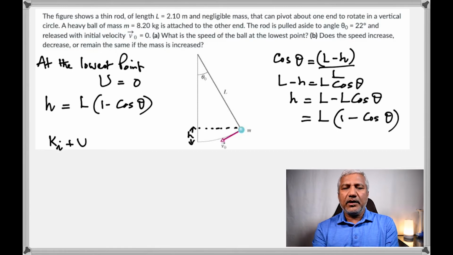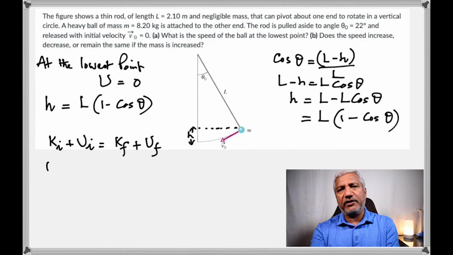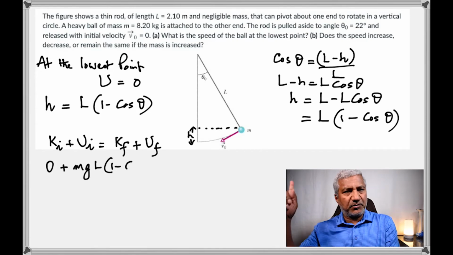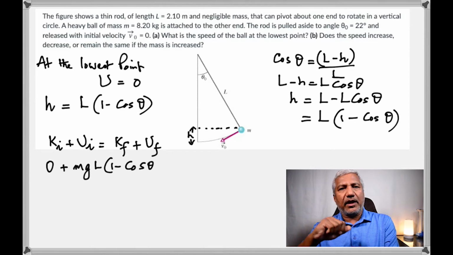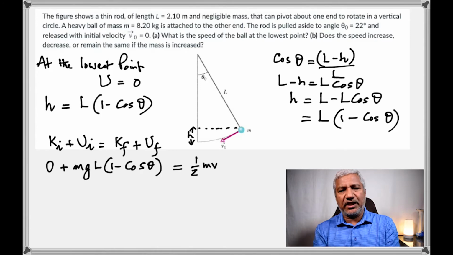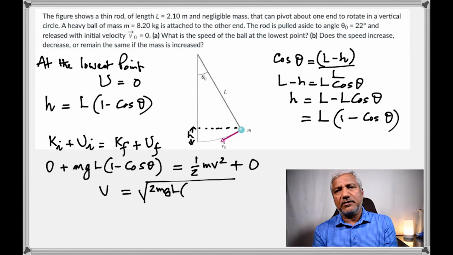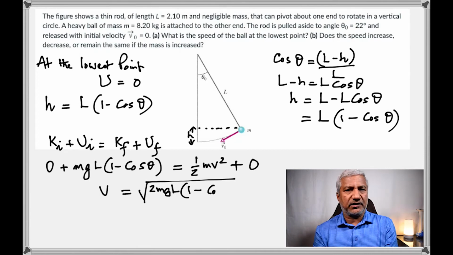Now applying the conservation of mechanical energy, Ki plus Ui should be equal to Kf plus Uf. But Ki at the turning point is 0 and Ui is mgy or mgh. In this case, we know h is what we got here. So substitute that, and K final at the lowest point is 1/2 times mass times velocity squared, which is the formula for kinetic energy.